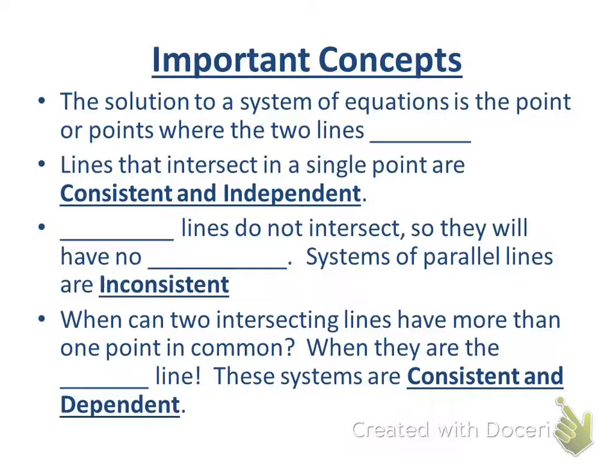They're the same line. The set of solutions is dependent on the equation of the 2 lines. When they're the same line, we're talking about lines that are consistent and dependent.